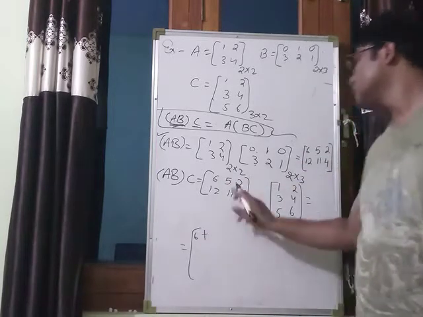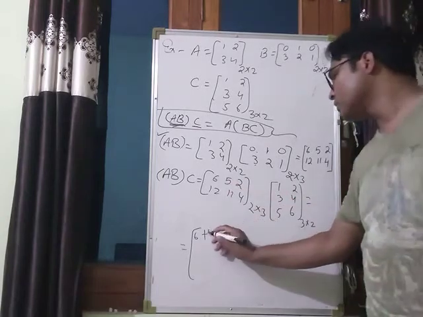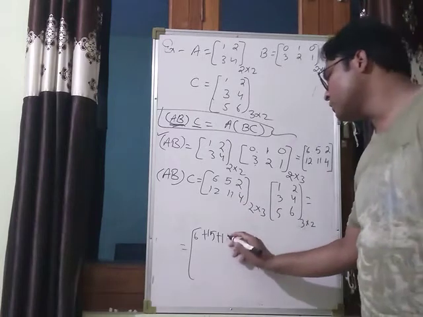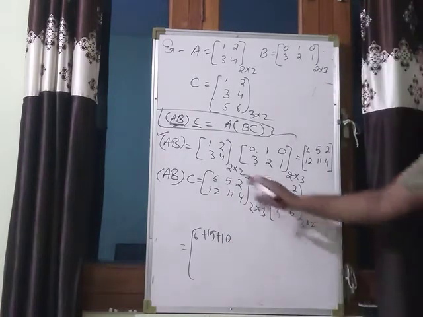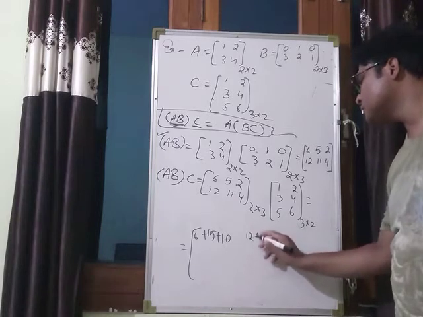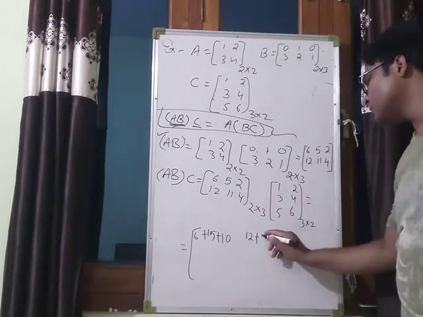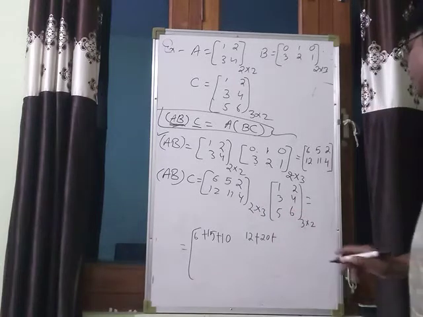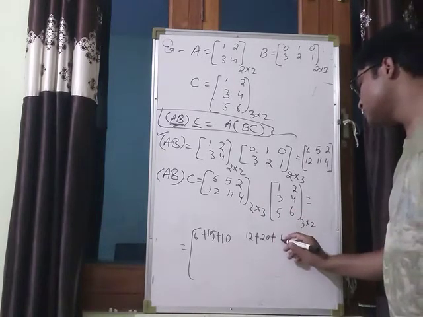6 plus 5 into 3, 15 plus 2 into 5, 10. First row, second column, 6 into 2, 12 plus 5 into 4, 20 plus 2 into 6, 12.